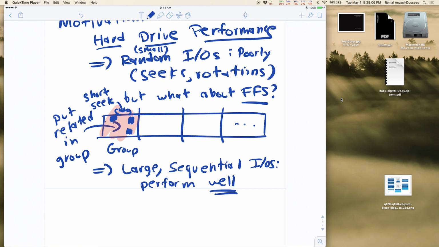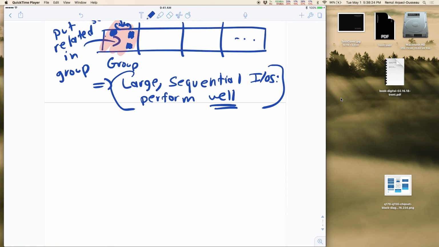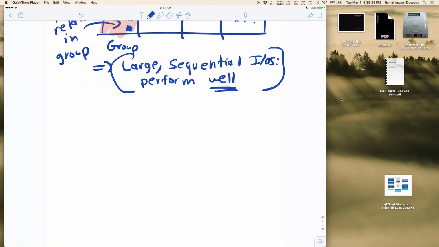We'll talk about SSDs at the end. If you want to get best performance, even out of flash-based SSDs, giving them large chunks of I/O is going to be effective. So everything we learn about the log structured file system turns out to be useful, even though we're going to change the technology underneath of us. So we want to figure out how to do large sequential IOs as often as possible. That's how we get good performance.